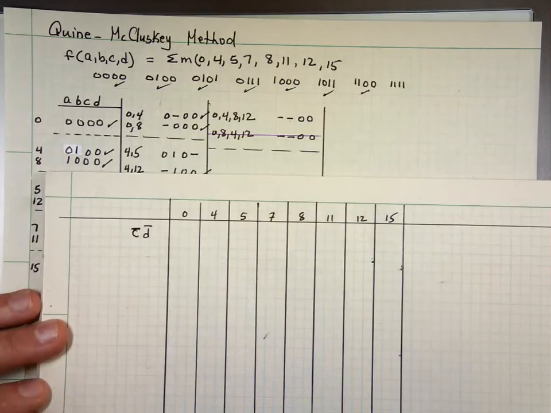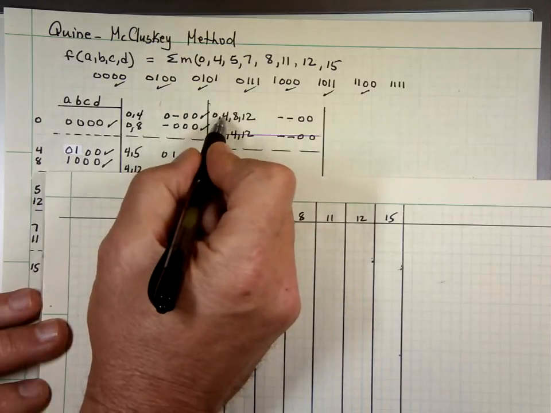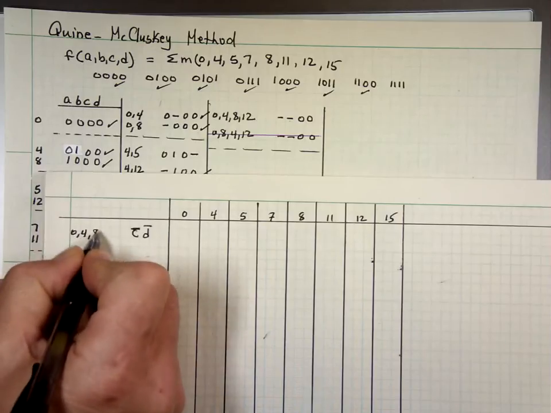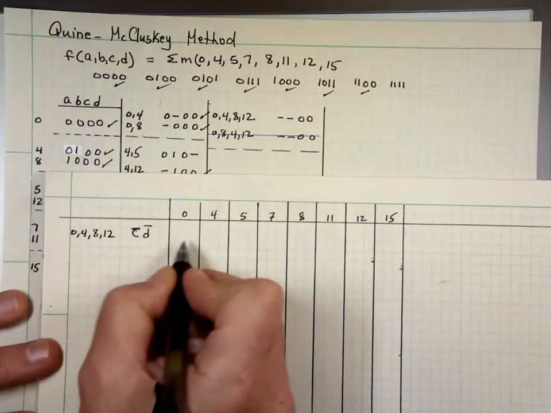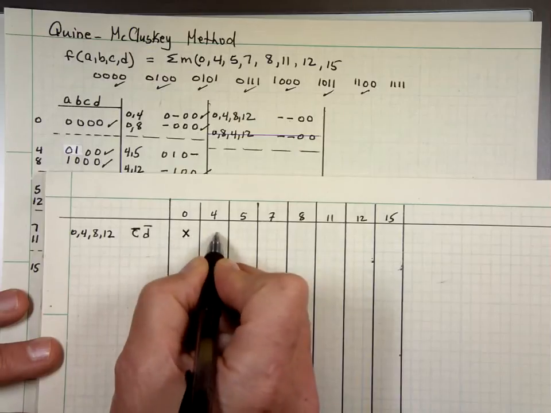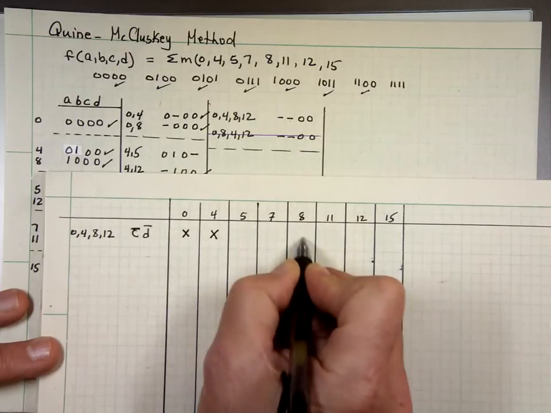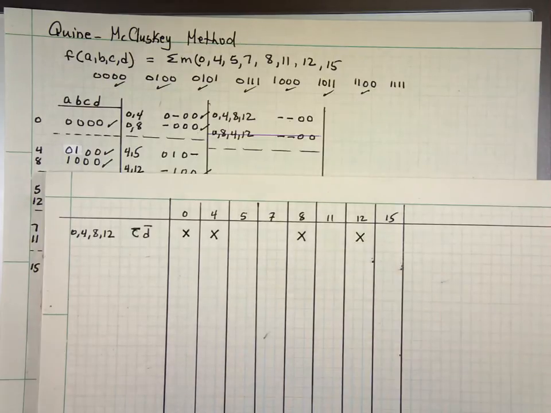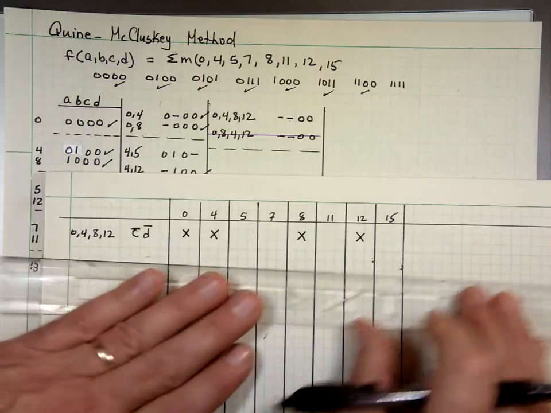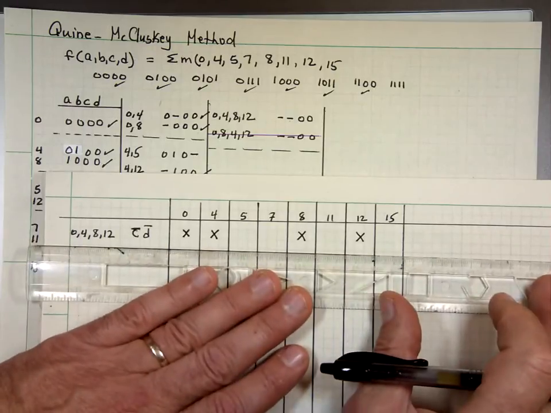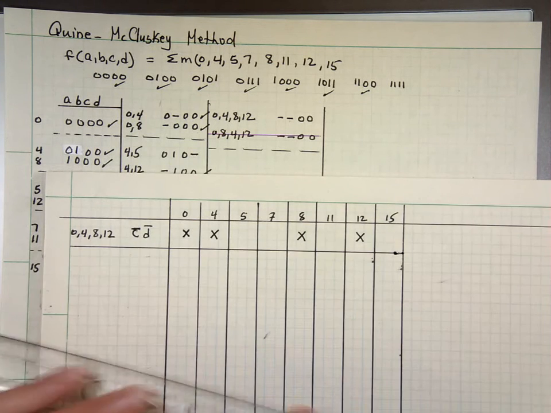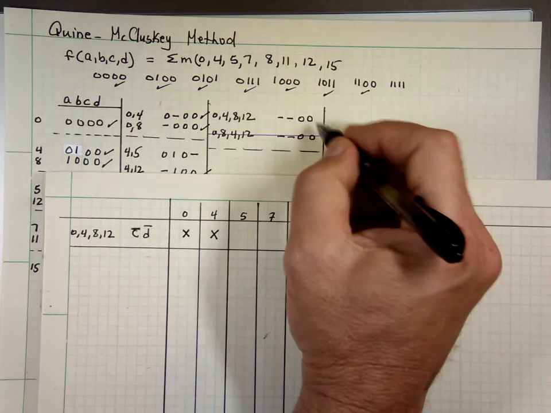And that covers which cells? 0, 4, 8, and 12, right? Let's go to 0, put an X. Let's go to 4, put an X. Let's go to 8, put an X. And let's go to 12, put an X. That's the first one. Let's put a line so I know I don't screw things up. So that took care of this one.